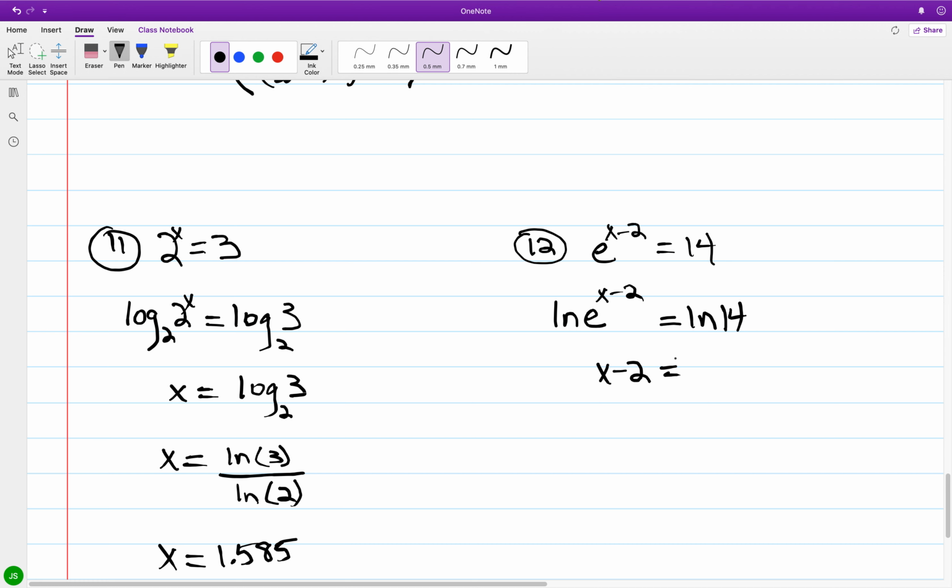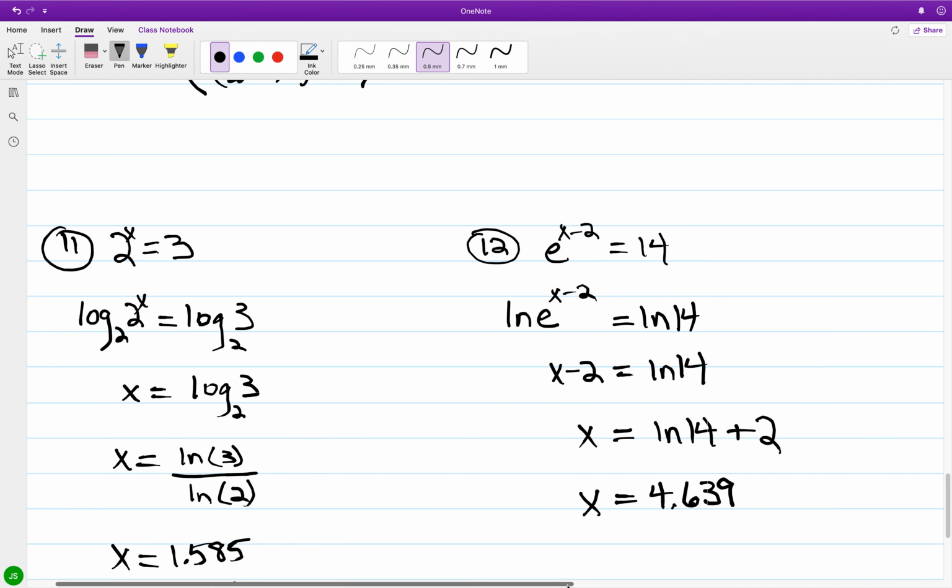Now for the natural logarithm of 14, we have this waiting for the 2. Once we isolate x, we have x equal to the natural logarithm of 14 plus 2. The natural logarithm of 14 is about 2.639, and if I add 2, to the nearest 3 decimal places we have x at 4.639.